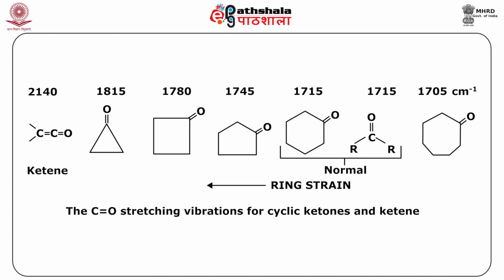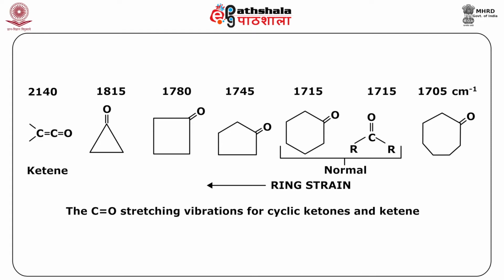Decrease in ring size increases the C=O stretching frequency. Smaller rings require the use of more p character to make C-C bonds for the requisite small angles. This gives more s character to the C=O sigma bond and thus results in the strengthening of the C=O double bond, causing absorption at higher frequency values.